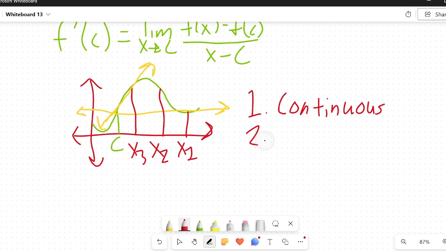And second, we can't have a sharp turn. Also, the slope can't be vertical at that point.